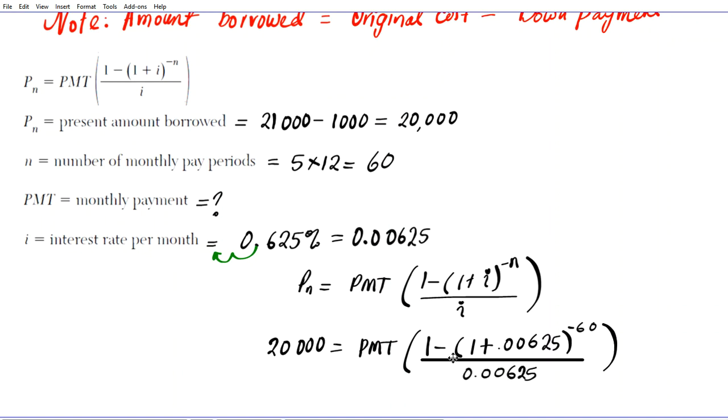Let's enter this entire expression into the calculator, convert it into decimal form, and divide both sides by that value. That will isolate the monthly payment.